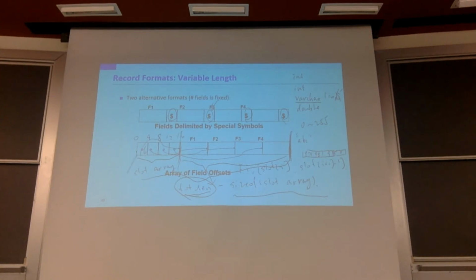Then when you get the base address of this record, you just do b plus 16, then you get the start of the first field. And the second one, suppose this is 20, then you store 20 here. You do b plus 20, then you get the start of the second field. Okay, does that make sense?